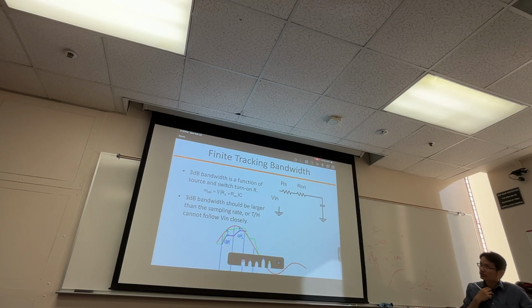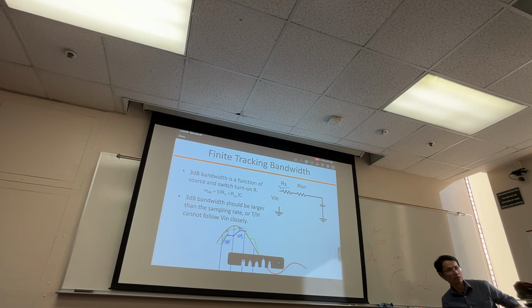Okay, so here, as you can see, I put in series another resistor, and the reason is because, as I mentioned, usually before your ADC or your sampling circuits, you have some kind of driver, or buffer, whatever you want to call it. So that must have a certain output resistance, right? So you have RS. Don't forget about that. Sometimes people forget about this.